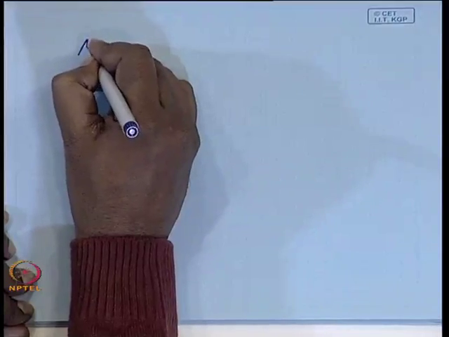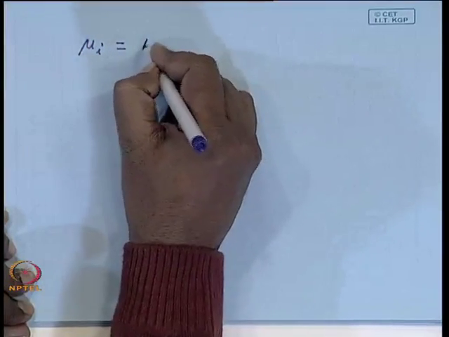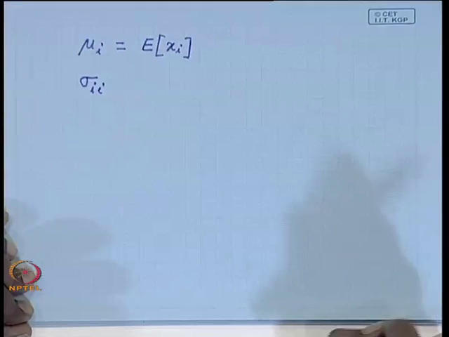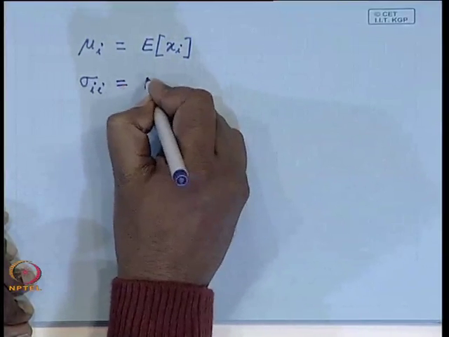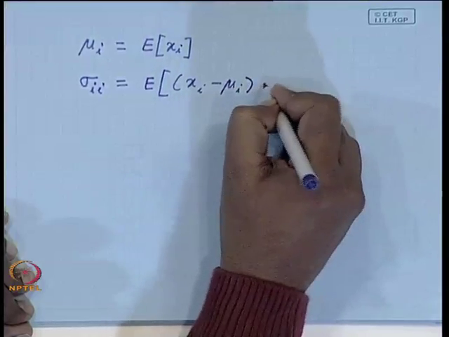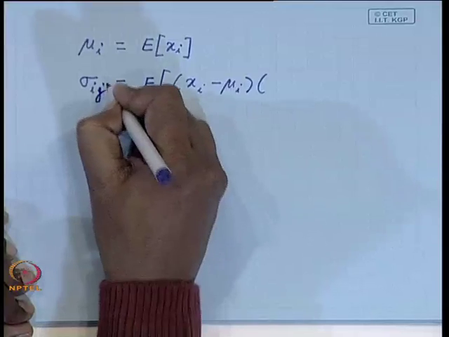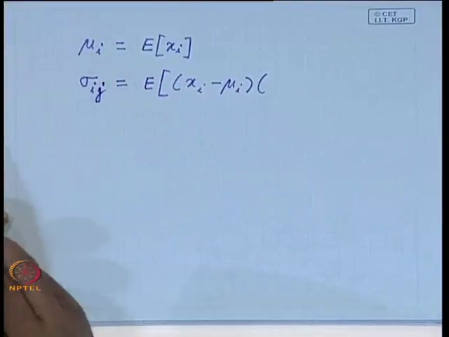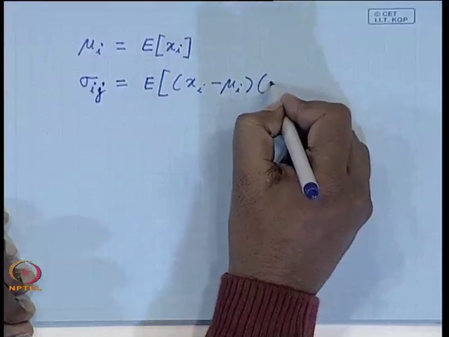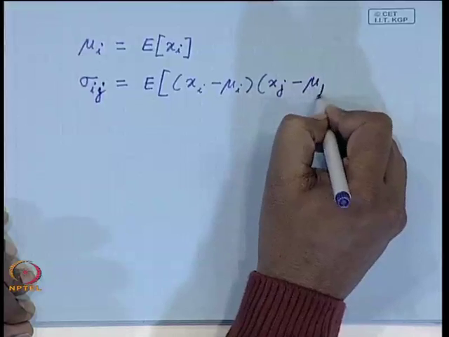The expected value of the ith component, mu i, is nothing but the expected value of x i, which is the ith component of our feature vector capital X. Similarly, let us make it more general: sigma ij, the ijth component in my covariance matrix capital sigma, will simply become the expected value of (x i minus mu i) into (x j minus mu j).